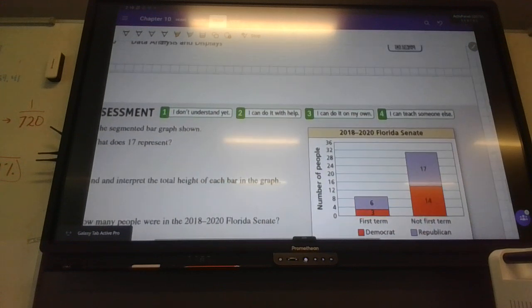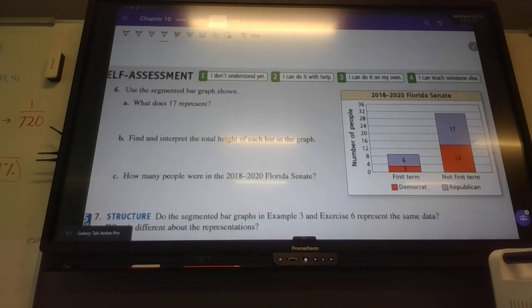All right. So, because it's a segmented bar graph, there's two things. It's first, it's Republican, and it's not first term. You can't just describe it in one way. It's two different categories.